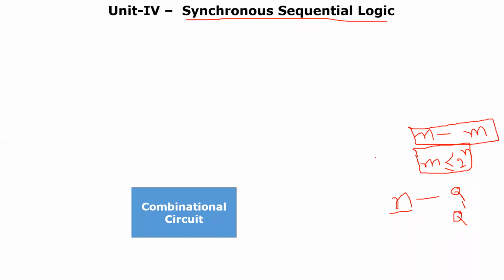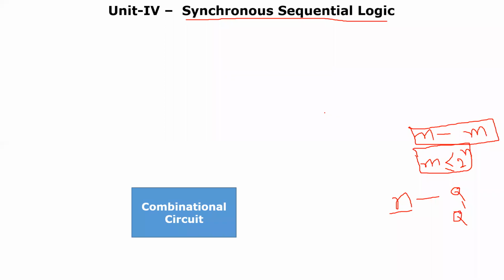Second point: in combinational logic, we have discussed that based on the present state of inputs, outputs will be defined. Whereas in synchronous sequential logic, what we are supposed to specify here is, in addition to present inputs, you have to take care of the present state of outputs also into consideration.